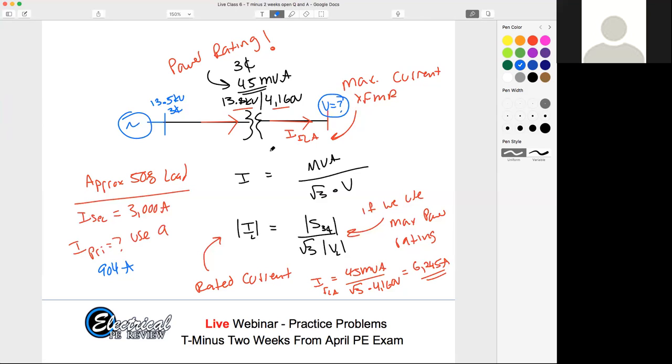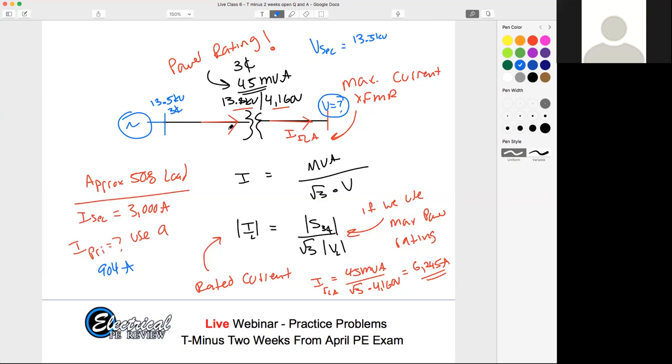Hoping it'll be easy because we just did a very similar answer with our current. A lot of times this is going to mess people up. What would my V secondary be? Any guesses? No? I hope I didn't stump you guys. I hope some of you guys got it.